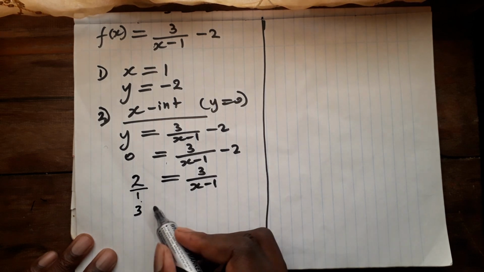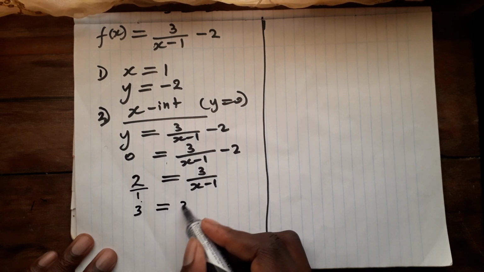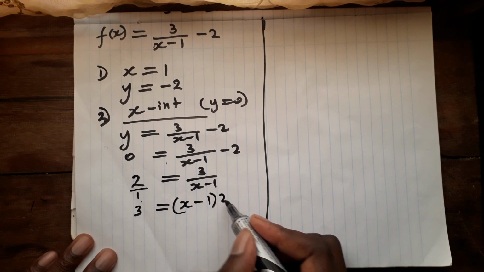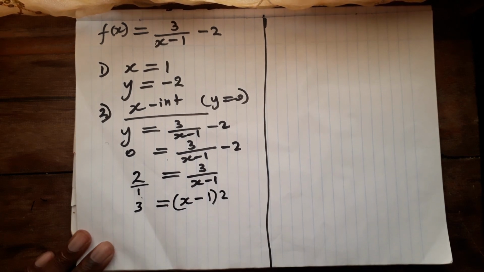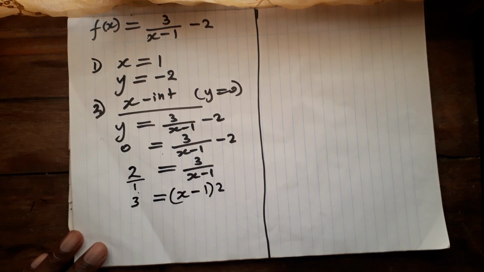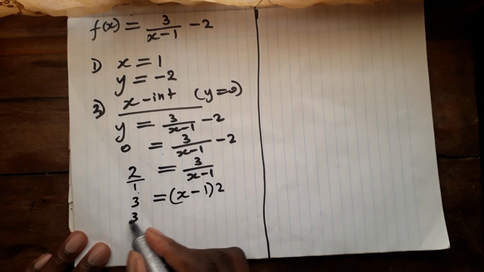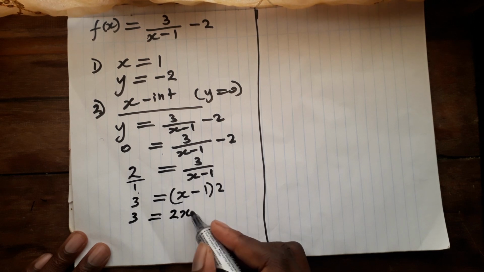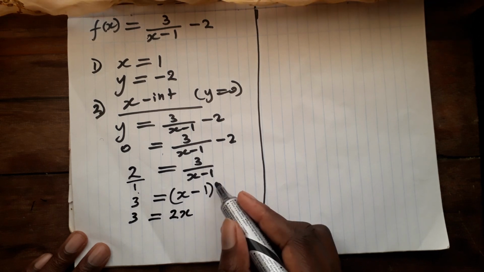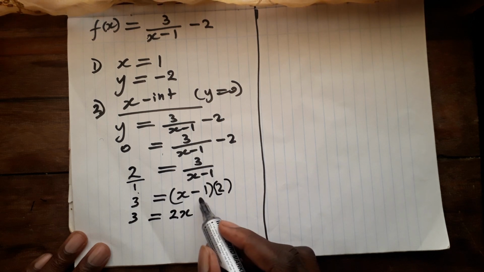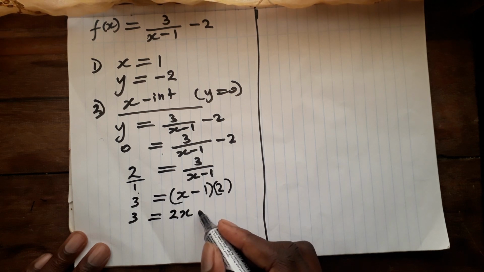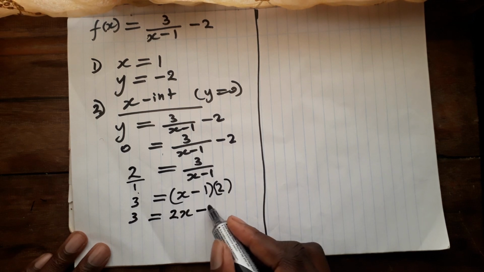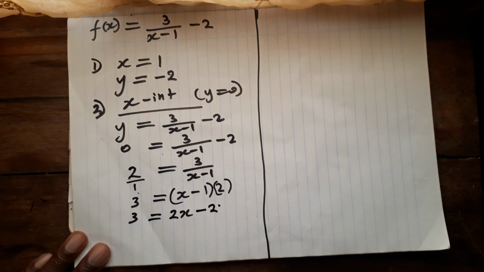This multiplied by this gives you x minus 1 times 2. And then you multiply everything by 2. x times 2 gives you 2x. Negative 1 times 2 gives you negative 2.